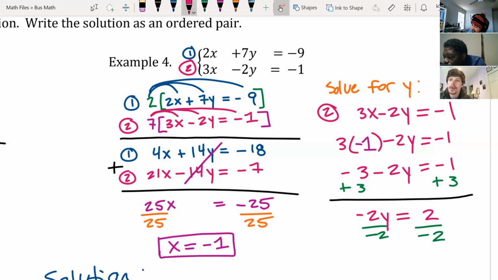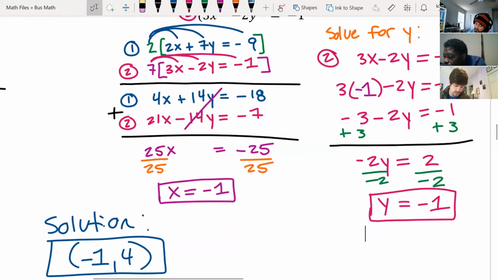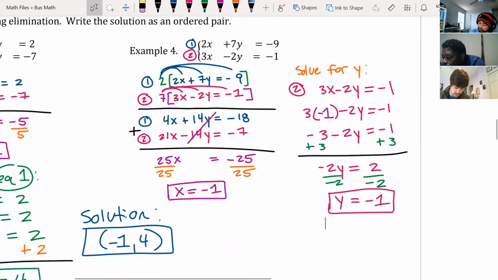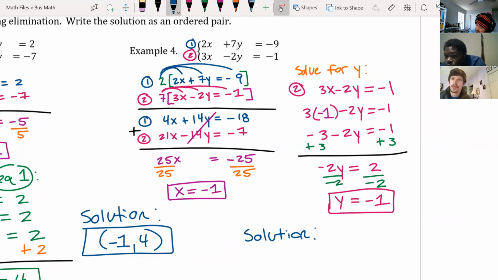And y is going to equal -1. Okay. And the final step is just writing the solution as a coordinate pair. And our solution here is -1, -1.